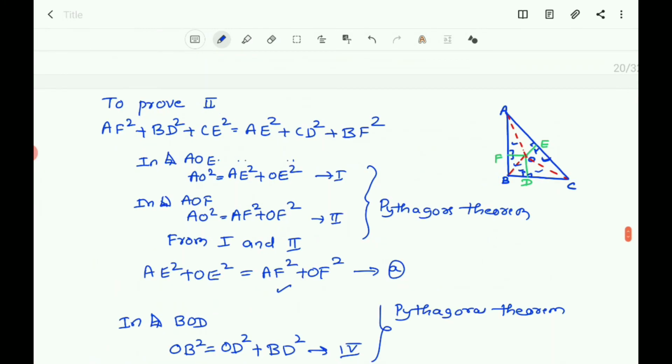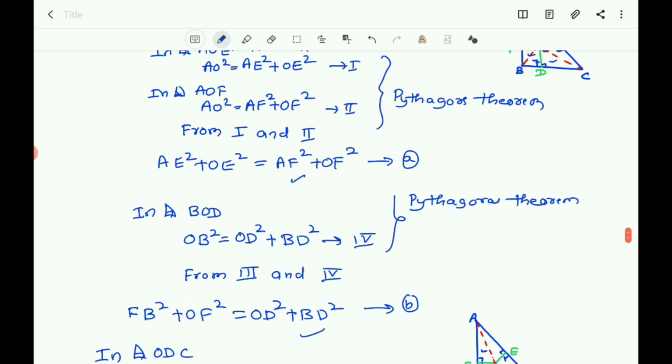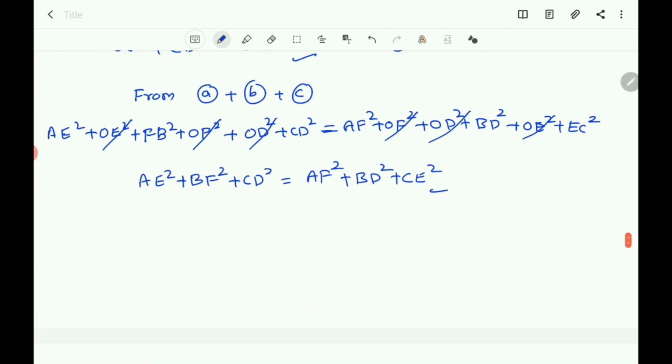What is there in the second? AF square plus BD square plus EC square, you interchange LHS and RHS. Here you will get AF square plus BD square plus EC square is equal to AE square plus BF square plus CD square.